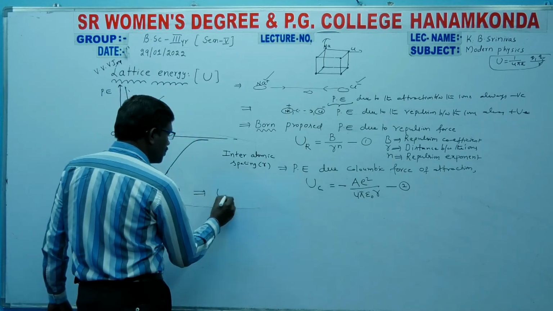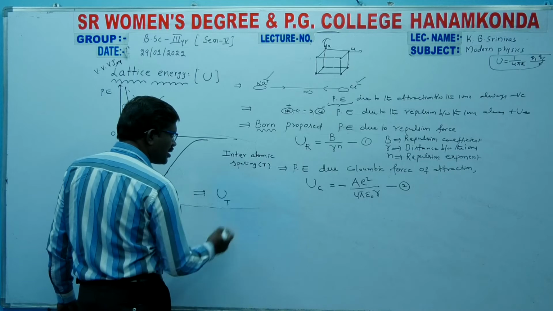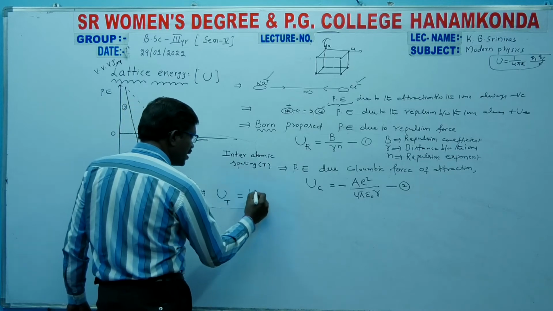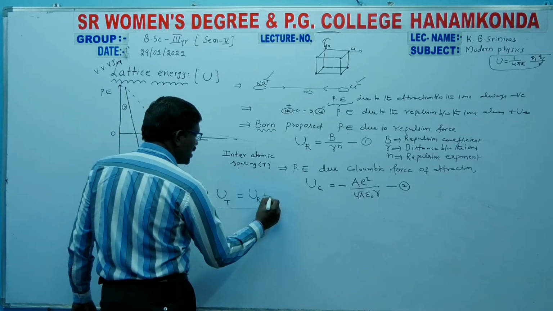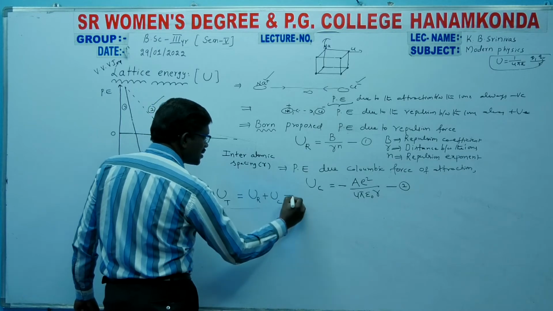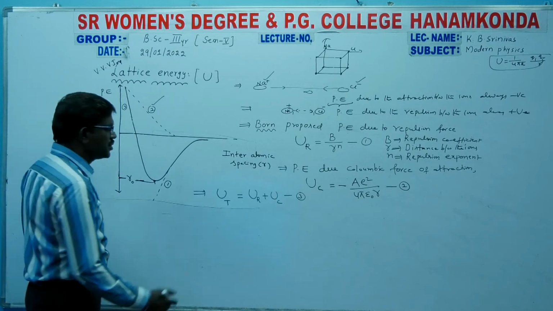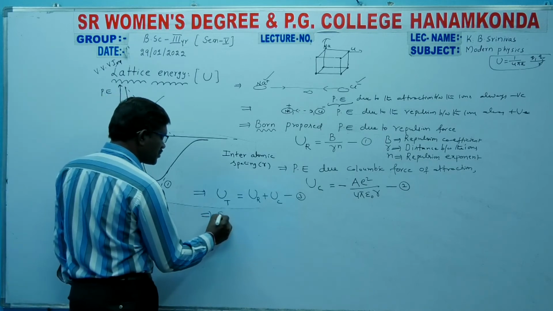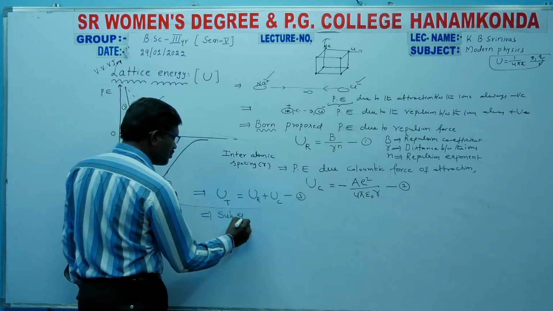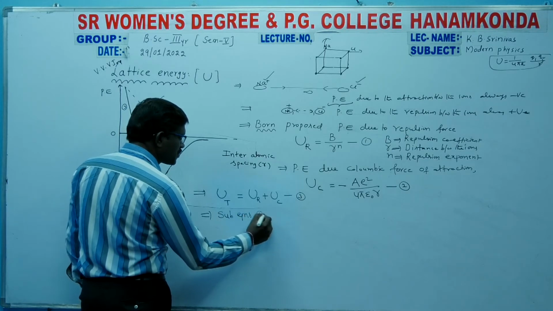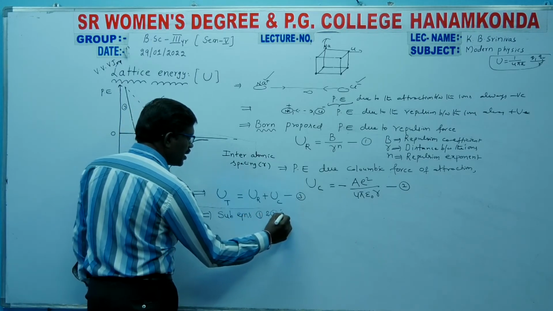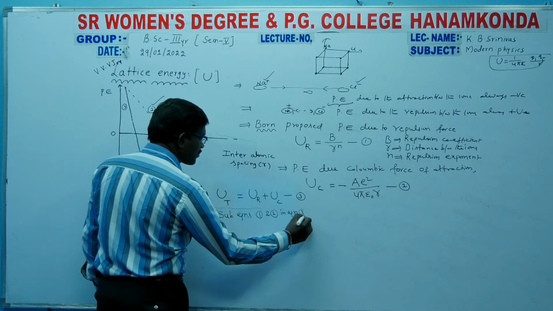Therefore, the total potential energy is equal to the sum of the repulsion forces and attraction forces. Let this be equation number 3. Substitute equations 1 and 2, simply here I am substituting equations 1 and 2 in equation 3.